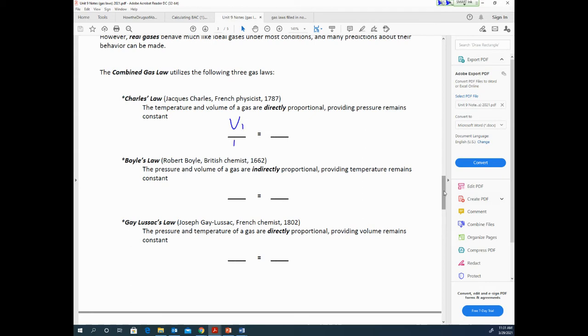Charles' law was volume 1 over temperature 1 equals volume 2 over temperature 2. These are directly proportional, which means if one goes up, the other goes up. So if volume goes up, so does temperature. A way to remember Charles' law versus the other ones: Charlie Brown is on TV, and T and B, so it has volume and temperature.